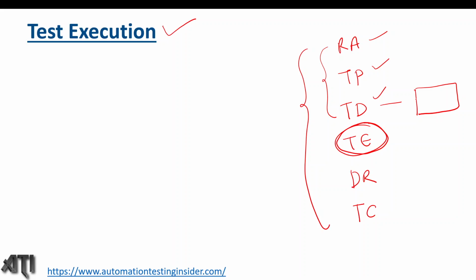Once our test cases are ready, the environment is set up, and the build is ready for testing, the developer releases the software to the testing team for execution purposes, and then we execute our test cases as part of the test execution process. There are some preconditions, and we have to set up the environment as well. So let's talk more about what test execution means and how we are going to test the application as part of it.